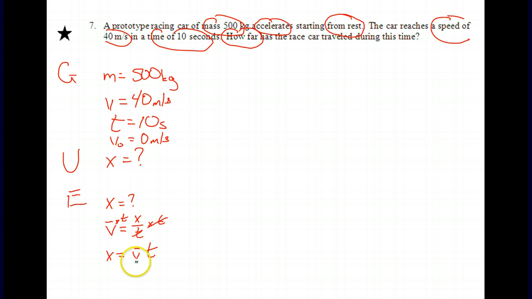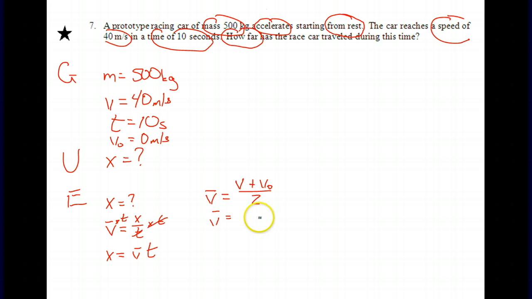Now we don't have an average velocity, unfortunately. We only have the initial velocity and the final velocity. So let's figure out how do we get average. So here's the average velocity formula. We take the final velocity plus the initial velocity and divide by 2. So let's plug in some numbers here.